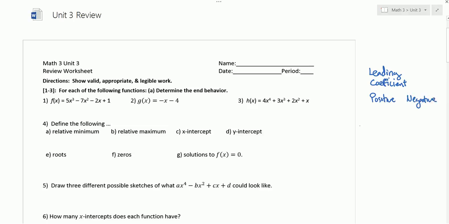And then we care about the degree of the polynomial. Remember, the degree is the highest power, and in case of degree, we care if it's an odd degree or an even degree. And so we have 4 scenarios that we can run into.